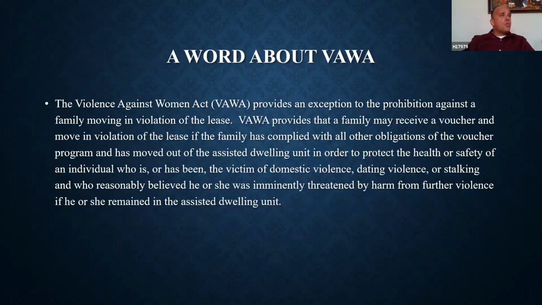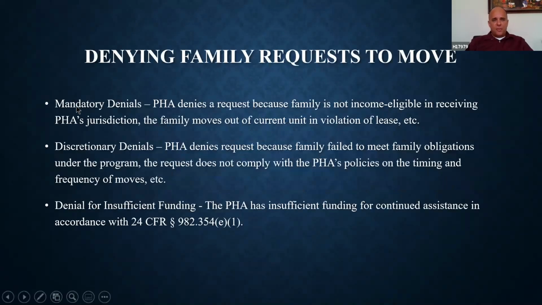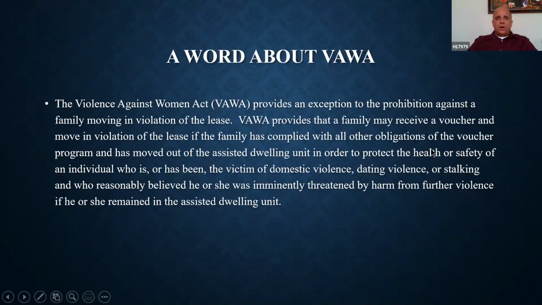I do want to make one word about VAWA. I'm going to back up here real quick. I talked here about mandatory denials, and of course, one is the family moves out of the current unit in violation of the lease. Under VAWA, there is actually an exception to this.